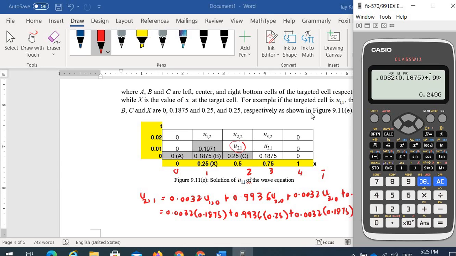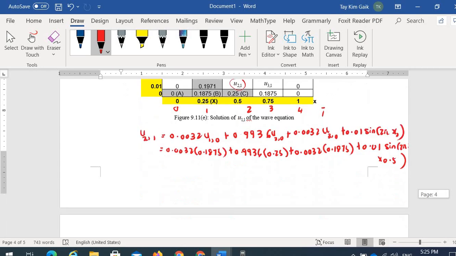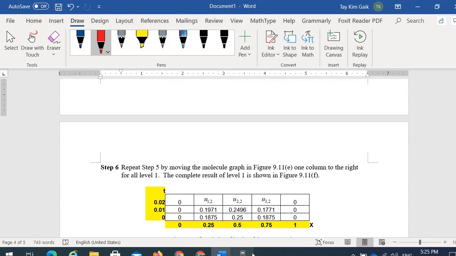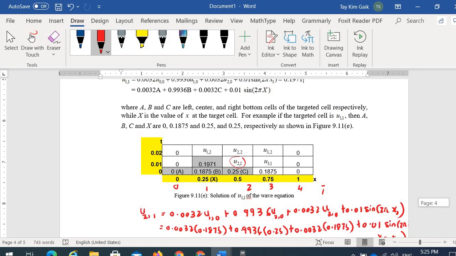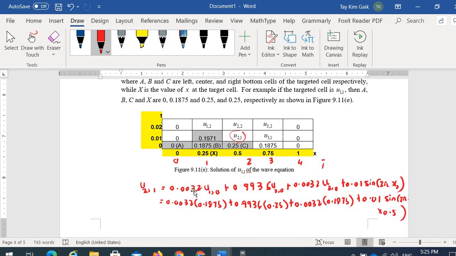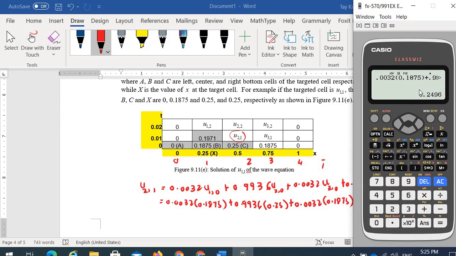So you get 0.2496. So you see, I purposely show you that without using a formula, you need to write the values for U10, U20, U30, x2, and press the calculator, or you may edit back the first formula that you keyed in, but it is still troublesome, you may wrongly edit it.